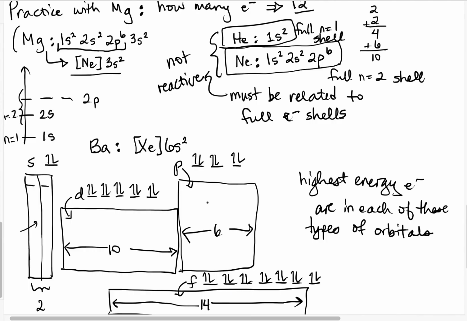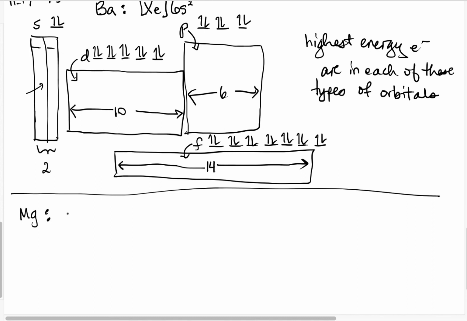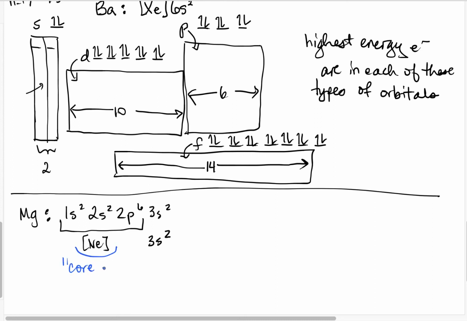So the other thing that we want to talk about here in terms of terminology is that when we have something like that magnesium, which I'll rewrite, 1s2, 2s2, 2p6, 3s2, or in other words, neon 3s2, we're going to have two terms here. These are going to be called the core electrons, and these are going to be called the valence electrons.